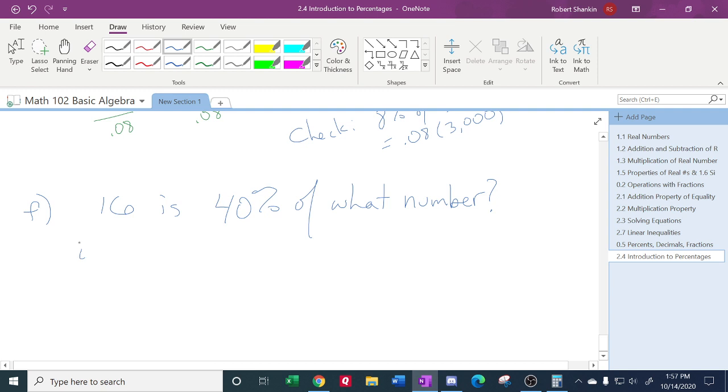First part, I want you to estimate. Estimate what the number is, and enter your estimate into your group chat.